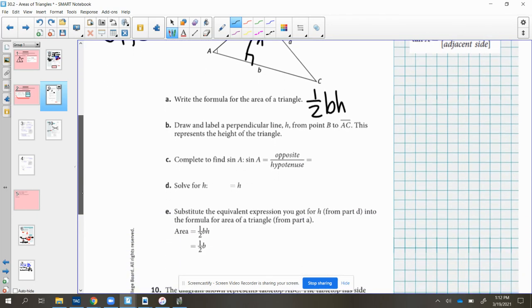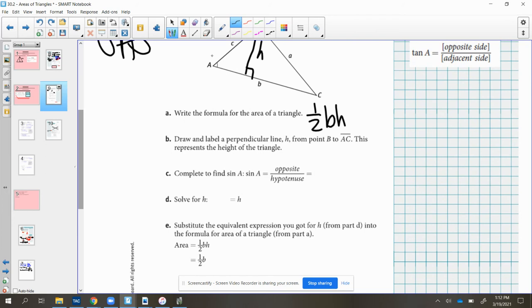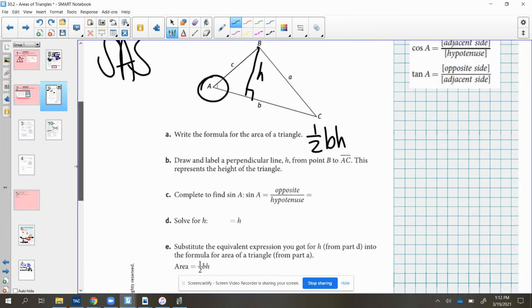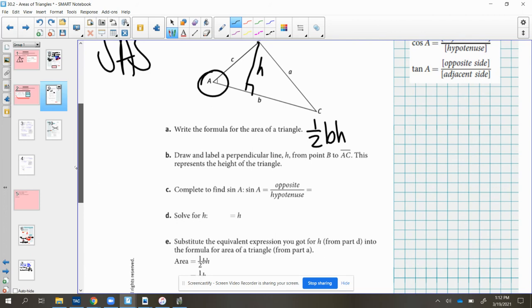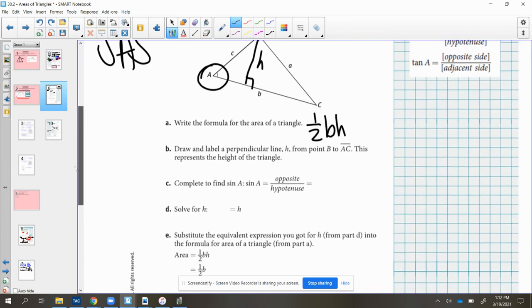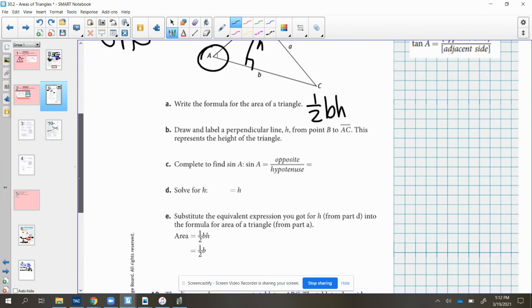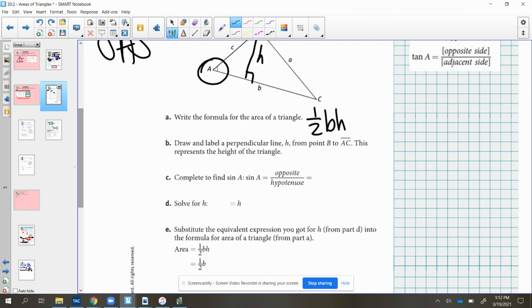Well, in order to get the height here, we would have to use, going back to trig, sine, okay?